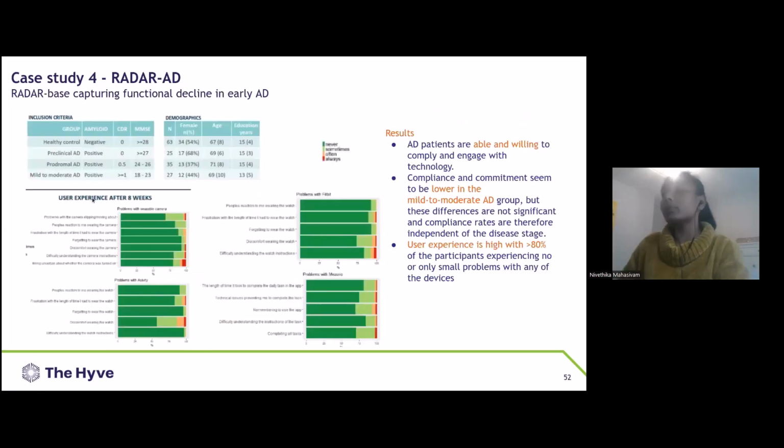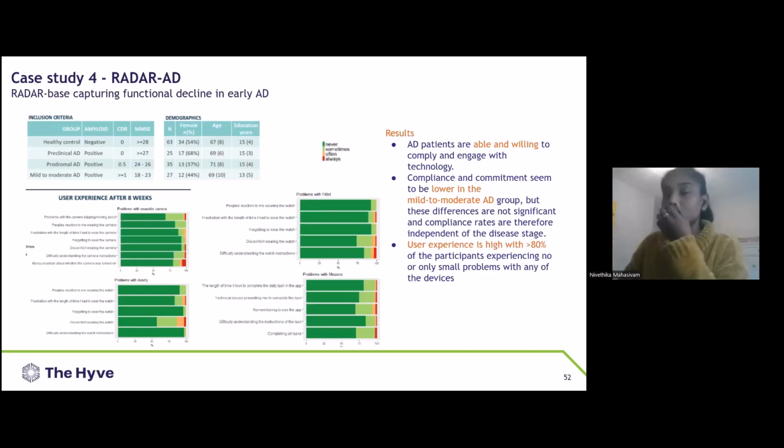Here are some early results from the study. This is basically just looking into user experience and compliance of the study. And you can see the inclusion criteria. I won't go into too much detail on the numbers, but they include participants from all levels, from healthy control to preclinical and prodromal to mild to moderate.